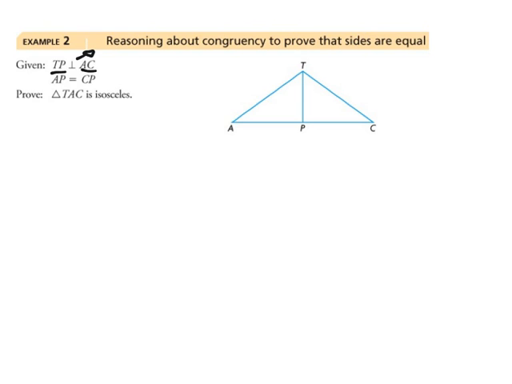This means that not only are they 90 degrees to each other, but also the TP side is shared by two triangles. Also, it's given to us that AP is equivalent to PC. And so we also have to indicate that in the triangle.